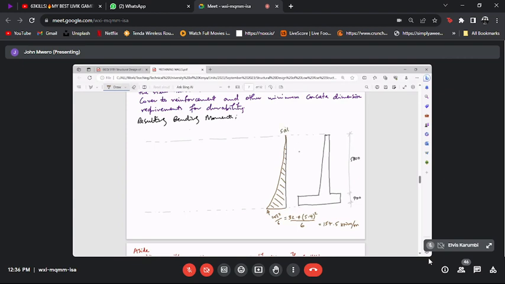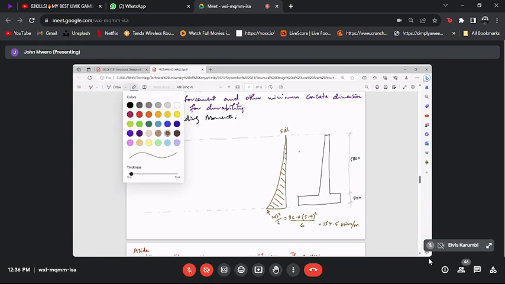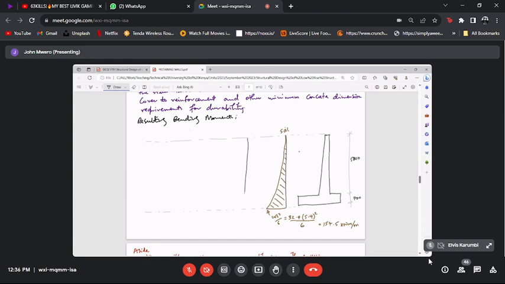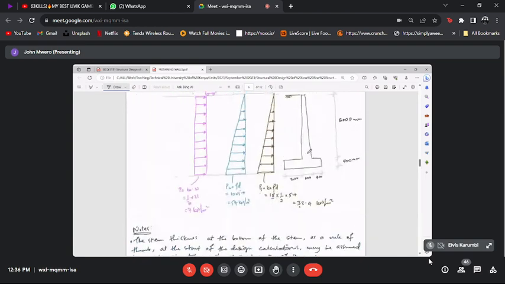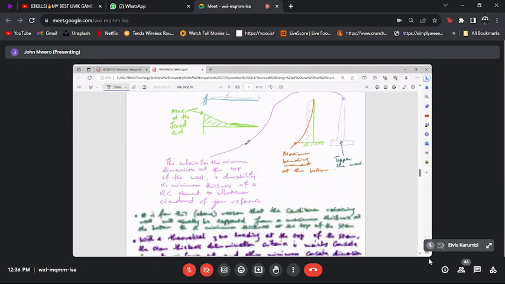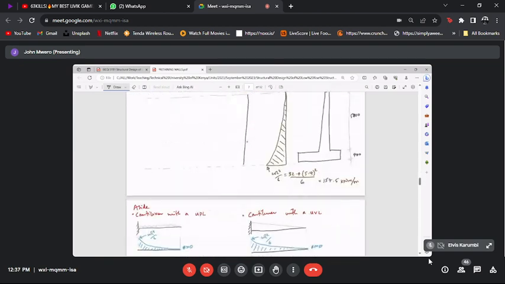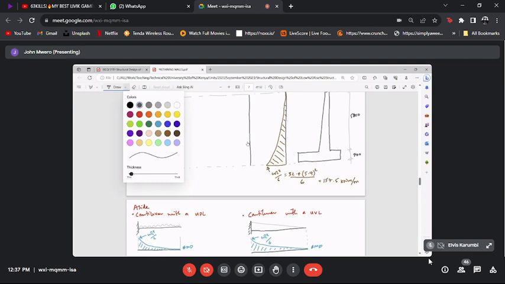Similarly, we draw the bending moment diagram for the water, the bending moment diagram that will be generated courtesy of the force that the water will be pushing this wall with. So do that. Let's use the same color.